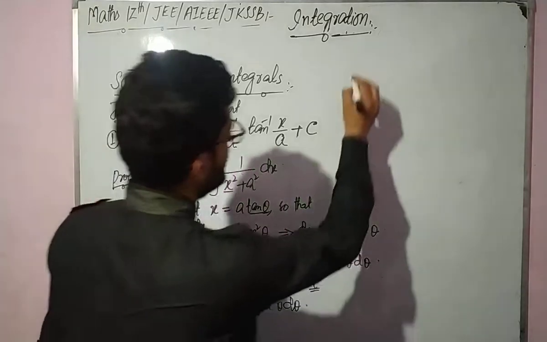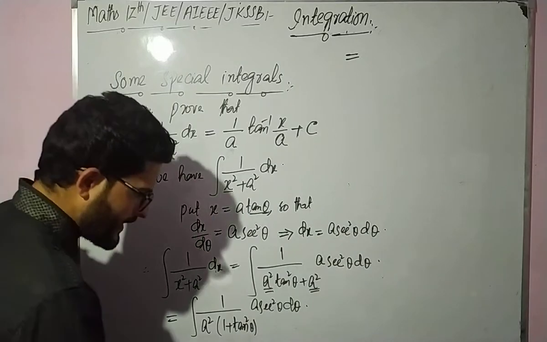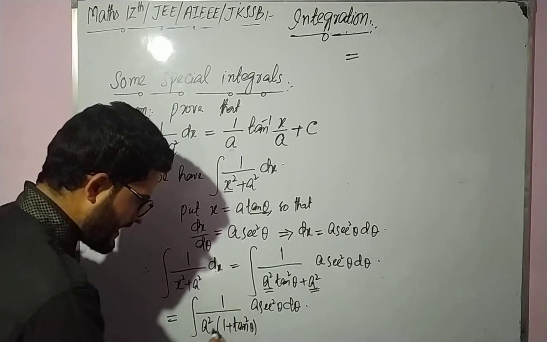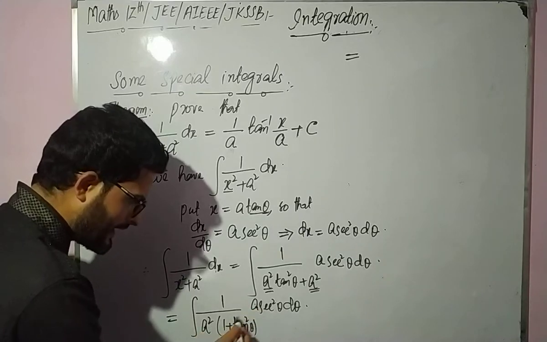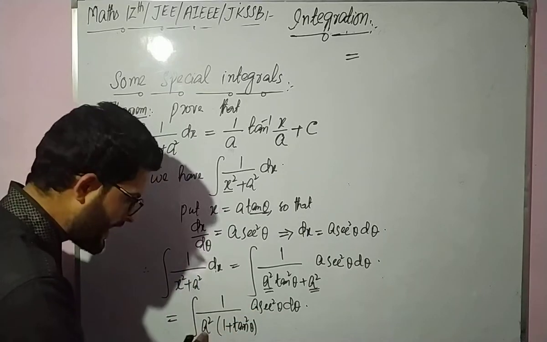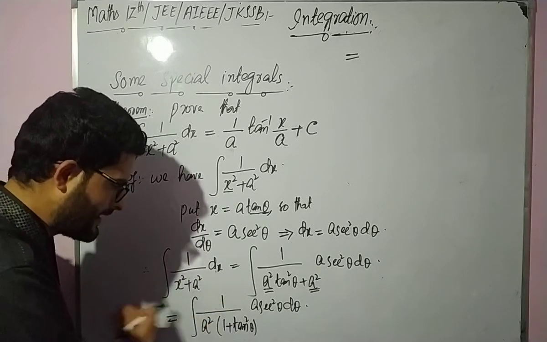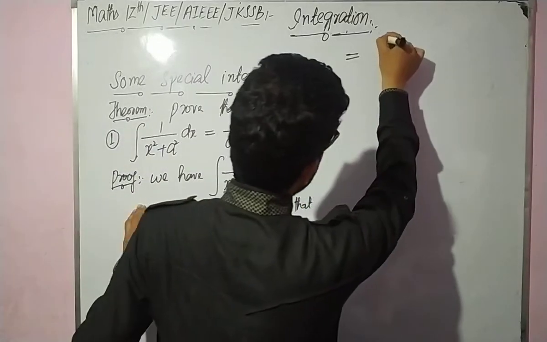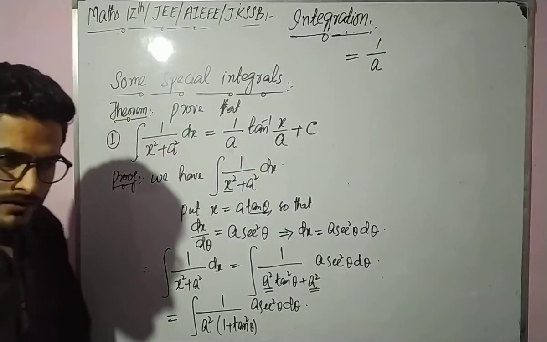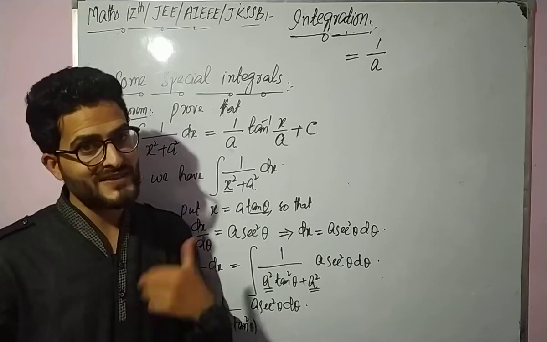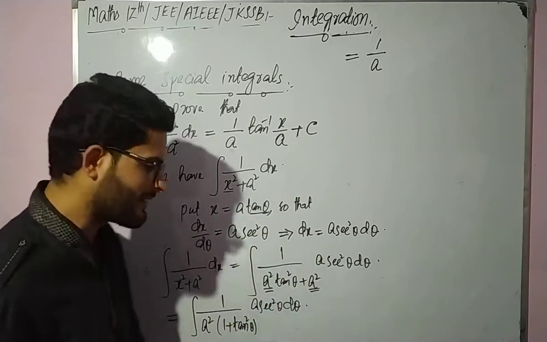So that is further equal to, now look, there is one a here and one a here, meaning a square here and a here, so one a and one a cancel and a remains here. 1 divided by a is a constant and comes out of the integral, because when a constant is multiplied with a function, it remains unaltered under the operation of integration as well as differentiation, so it will come out of the derivative as well as out of the antiderivative.